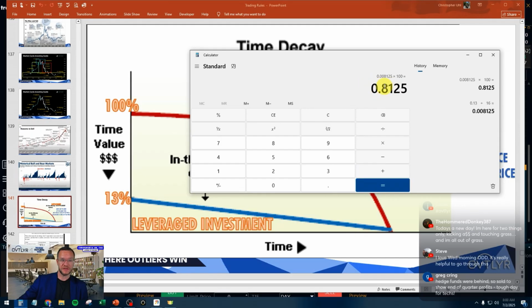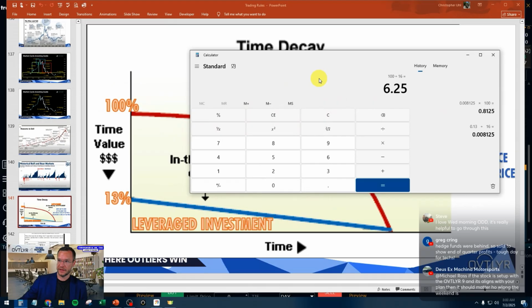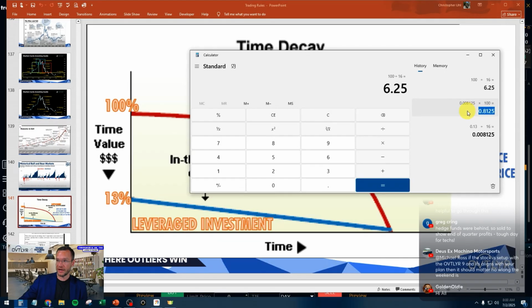So 81 basis points per day of your total option value, less than 1% per day, will decline over time, okay? But let's say if it's 100% divided by 16 days, that means 6.25% of it will decay each day. So for me, I only have less than 1% of decay each day, where people who trade out of the money are looking at 6 times that much decaying each day.